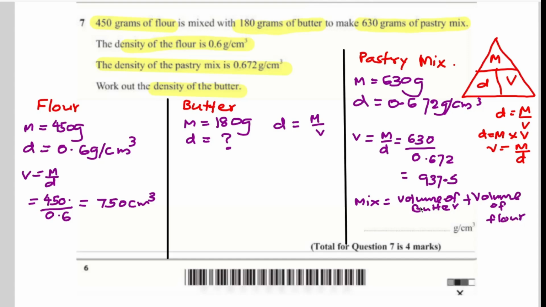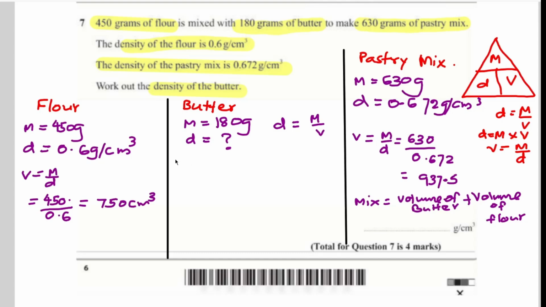So we have here now the volume of mix, which is 937.5. We have volume of flour, which is 750 cubic centimeter. So if we subtract this much volume of flour from the mix, the remaining volume is volume of butter. So let's figure out the volume of butter.